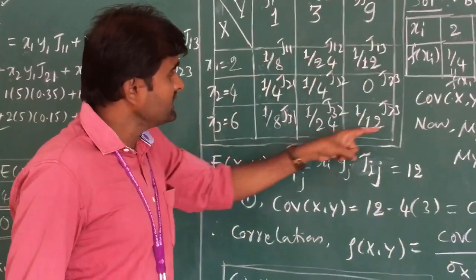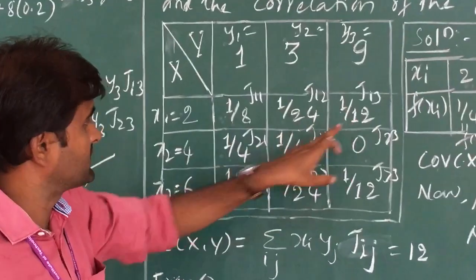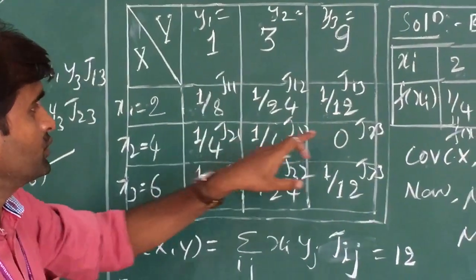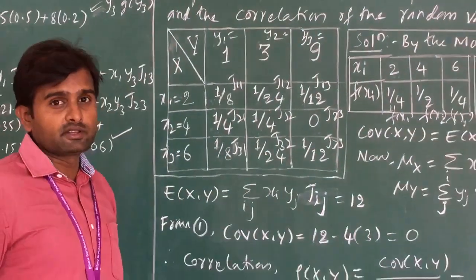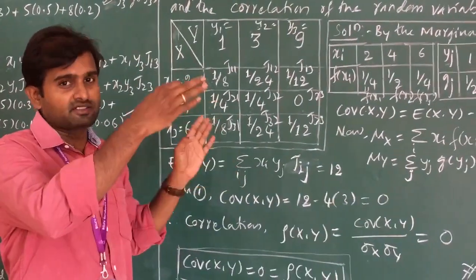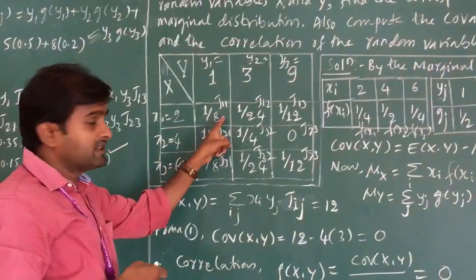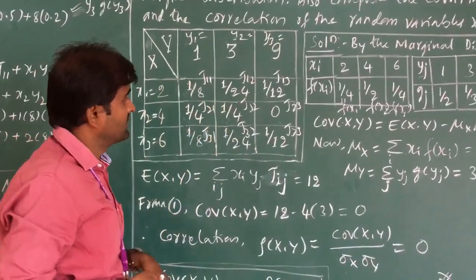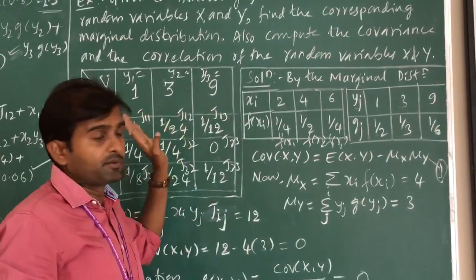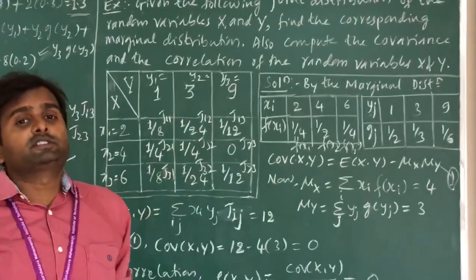Similarly, these are the joint distributions: j11, j12, j13, j21, j22, j23, j31, j32, and j33. It is nothing but a matrix, with i as the row and j as the column, like a11, a12. These are the joint distributions. Then our aim is to find the marginal distributions.